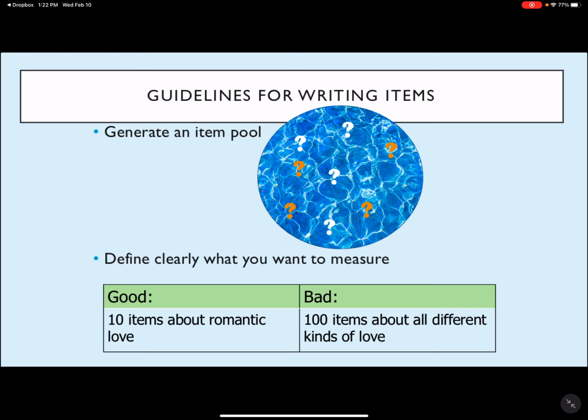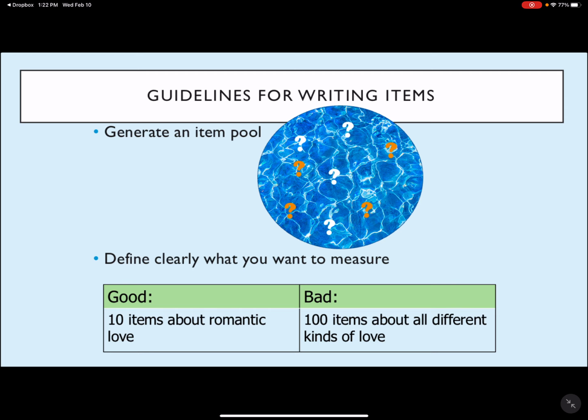So before you write your test, if you want questions about romantic love, know that clearly before you write the questions, because there are specific characteristics of romantic love that won't hold for other types of love. And so you want to make sure that you're measuring what you want to measure, right? You want to make sure your measure has validity.